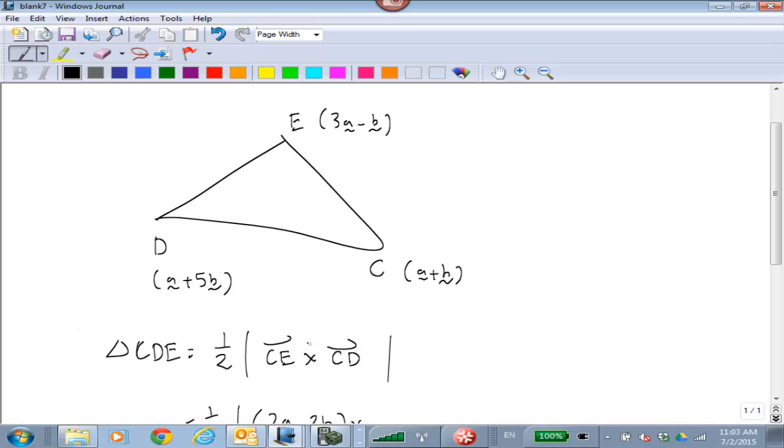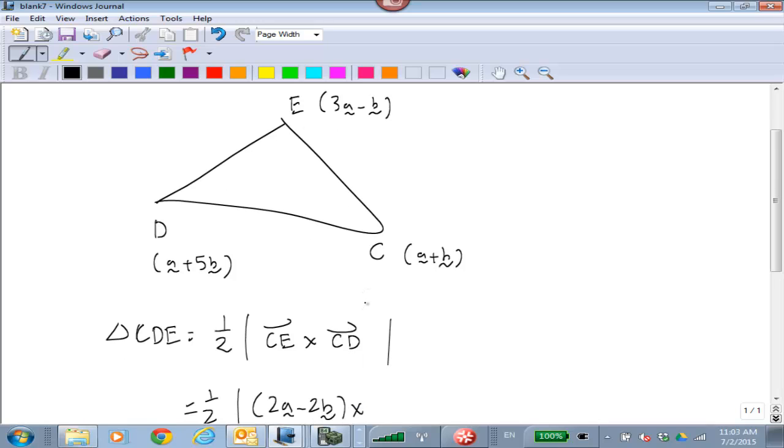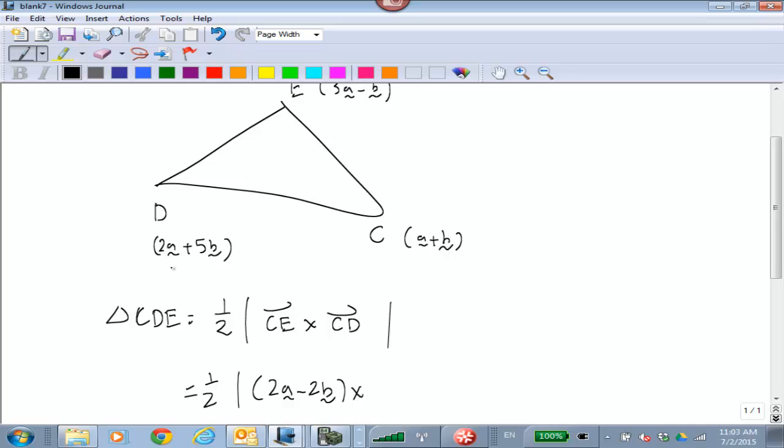OD minus OC. My mistake. Giving you what? This is ugly. Let's make this two. I don't want the A to disappear. Fine. Sorry. So the answer is A plus 4B. Okay, A plus 4B. Is this fine?